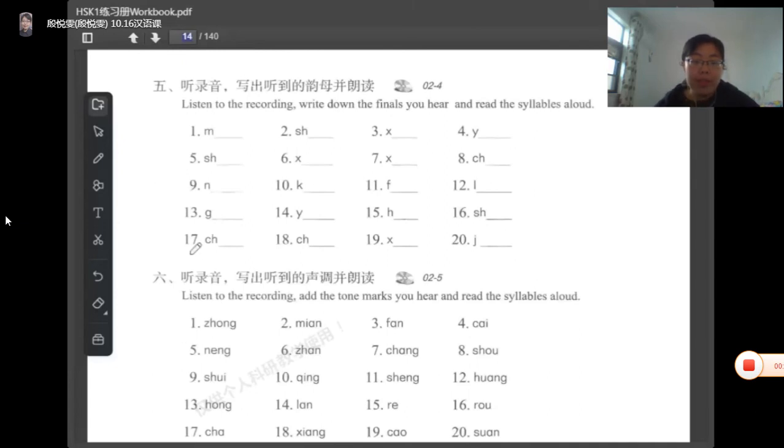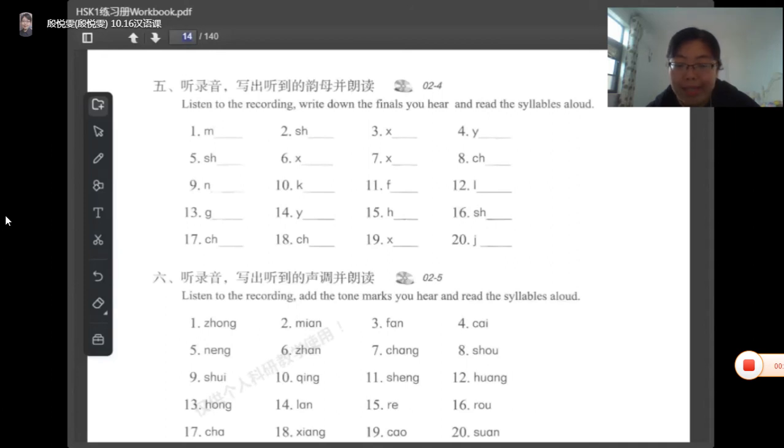Next one, 17. 出, very good, Shahid. Alice, very good. Next one, 18. 铲, it's easier, right?